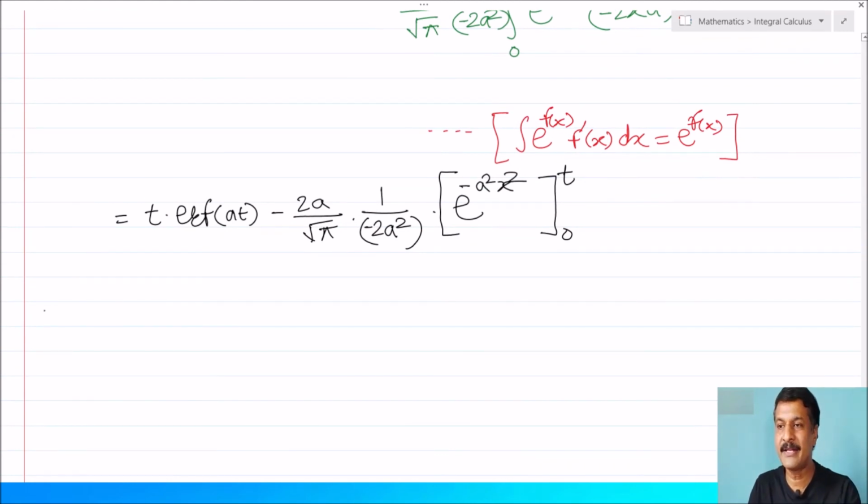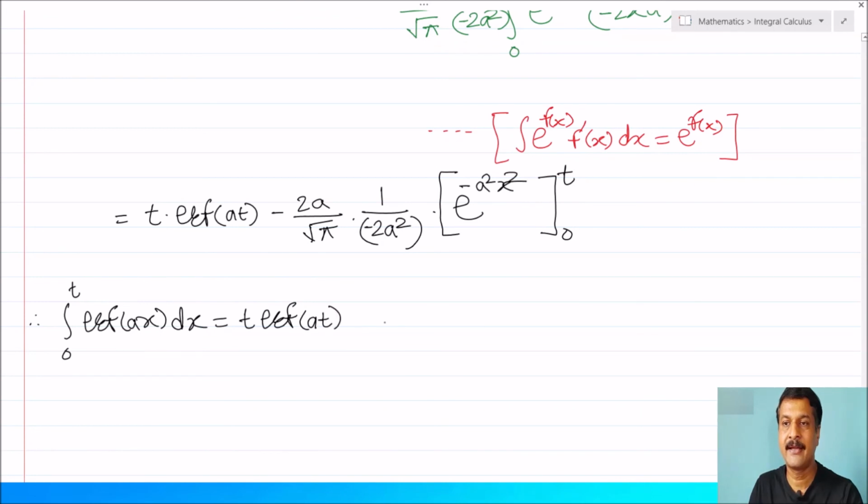And therefore, the integration from 0 to t of the error function of ax dx is equal to t into the error function of at minus minus plus. Now simplification: this minus minus is plus, this 2 and this 2 get cancelled, one a gets cancelled, and I am getting here a into root pi.